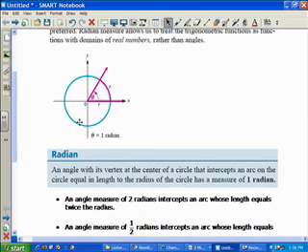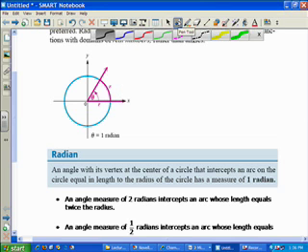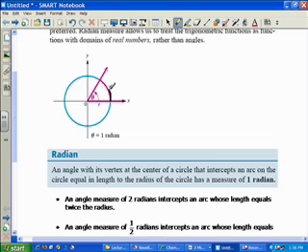If you were to take any circle of any radius, radius could be 1, radius could be 2, etc. And if you were to swing that terminal side of your angle in a position where the distance covered on the circle equals the radius of the circle, when that happens, the angle that you've just defined has a measure of 1 radian.